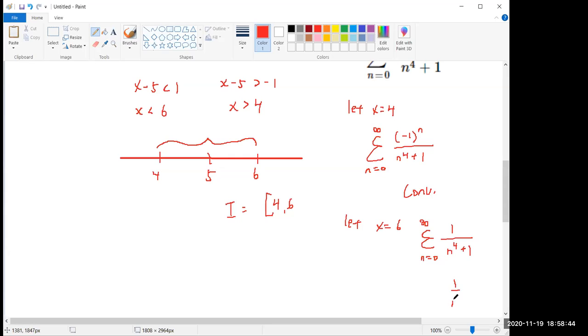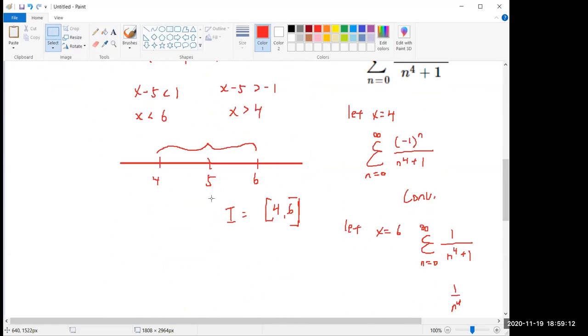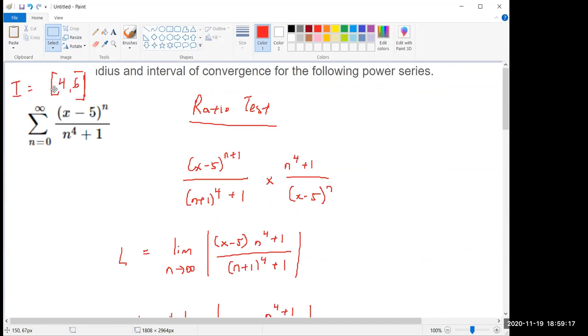So you can compare it to 1 over n to the 4th, right? And n to the 4th, do you guys remember what that does? Yeah, so that converges. So this is also convergent, which means this gets a bracket as well. Okay, so there's that one. The interval of convergence for this power series is when x is between 4 and 6, inclusive this time.